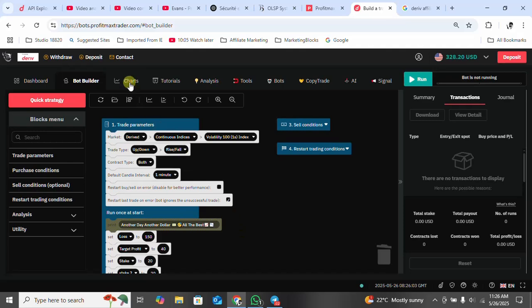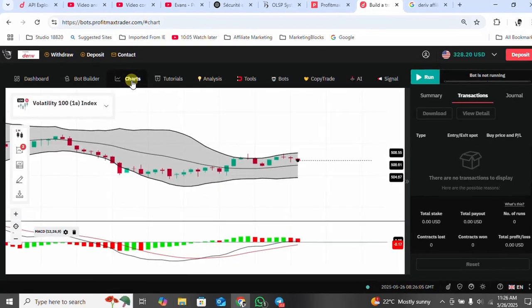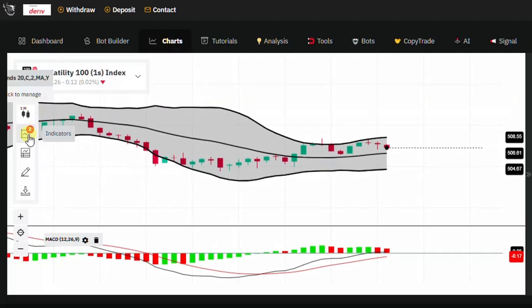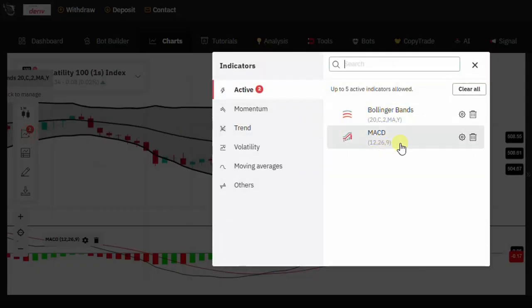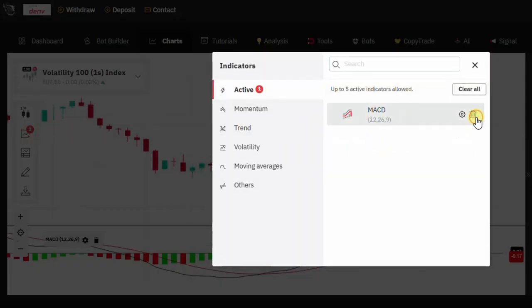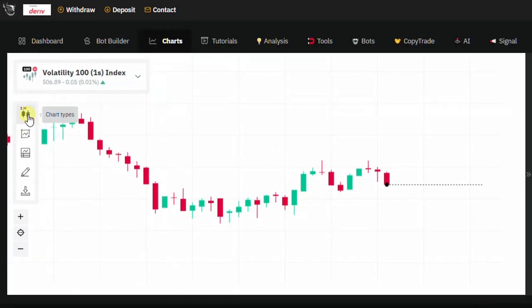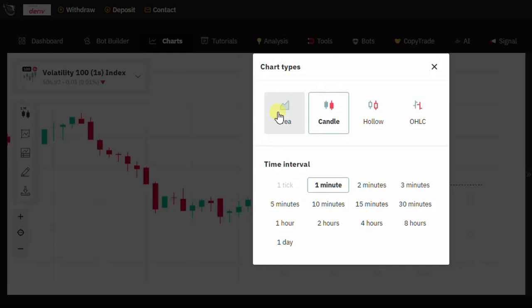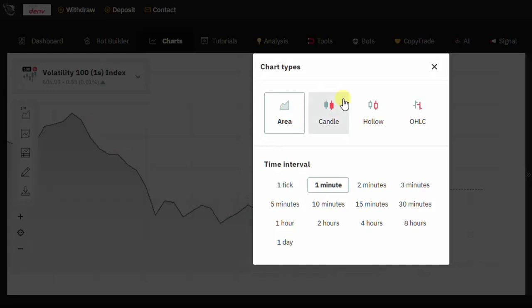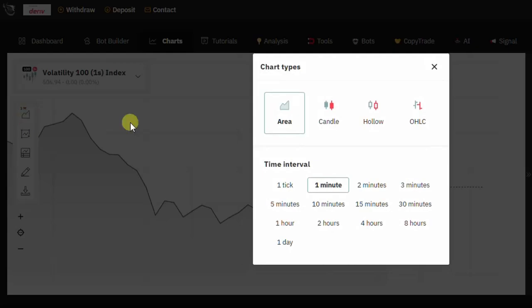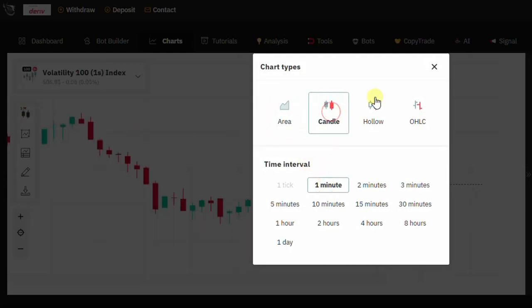Come to charts. We are going to use two indicators. Those two indicators are the Bollinger Bands and MACD. Let me delete them so that I can show you how you can input them. Of course, you'll find your chart in area type, this line. To change it, come to chart types, select 1 minute, and then select candlestick formation.